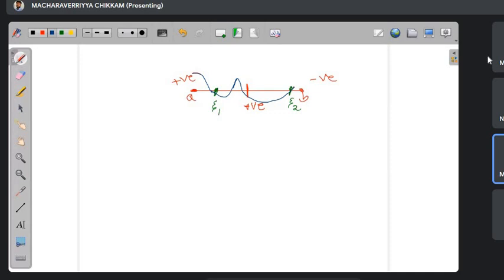I said it is negative here. Now you see the graph. So here it is positive. Let me just change according to the graph. So here it is negative.